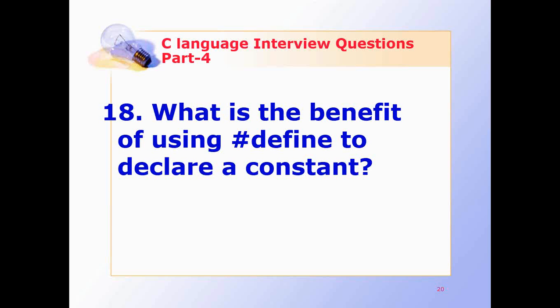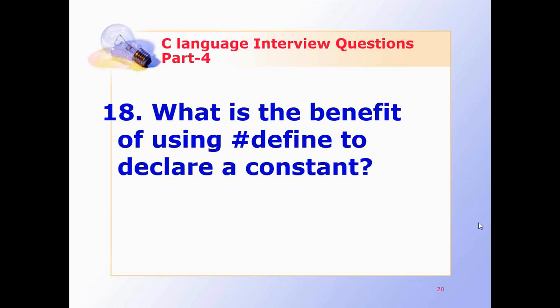Using the #define method of declaring a constant is probably the most familiar way of declaring constants to traditional C programmers. Besides being the most common method of declaring the constants, it also takes up the least memory.